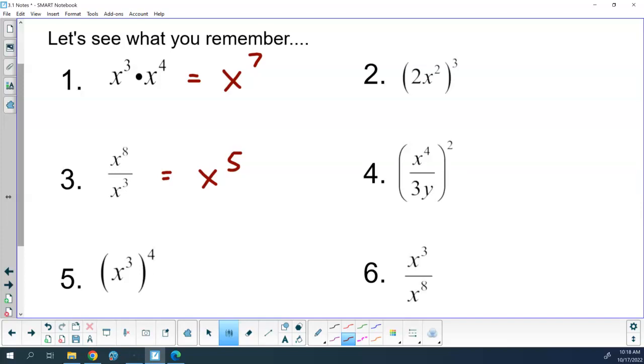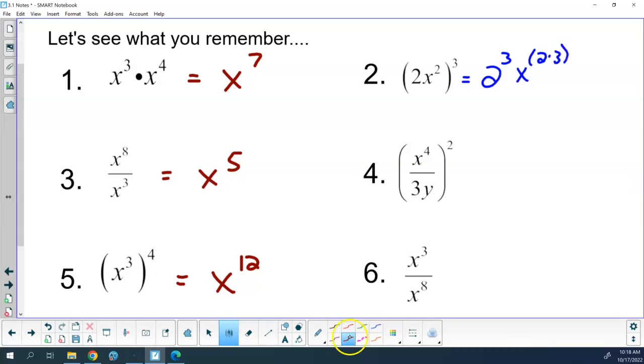Power to a power here in number 5. I multiply them. That would be x to the 12th power. Number 2 will come down this column now. This is really going to be 2 to the 3rd power times x to the 2 times 3 power.